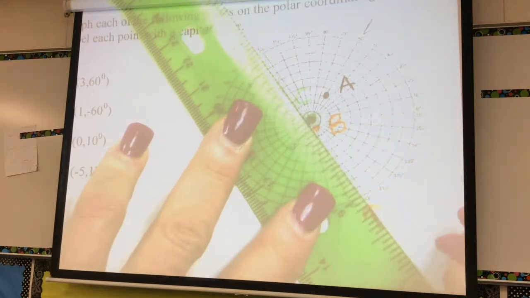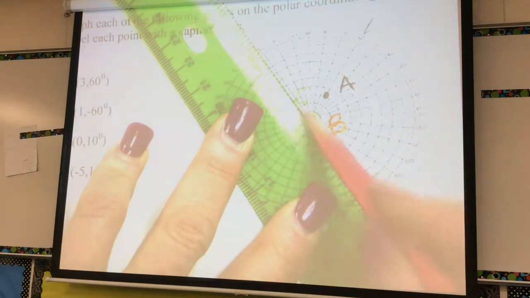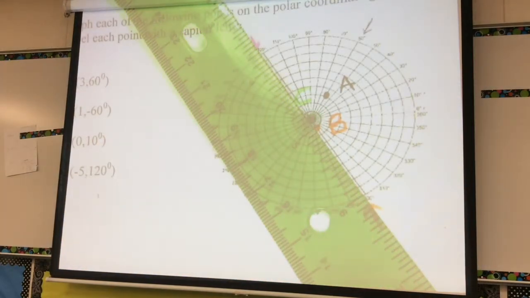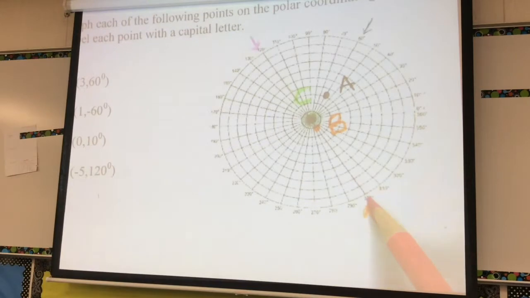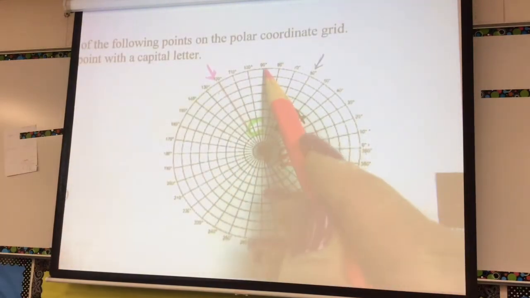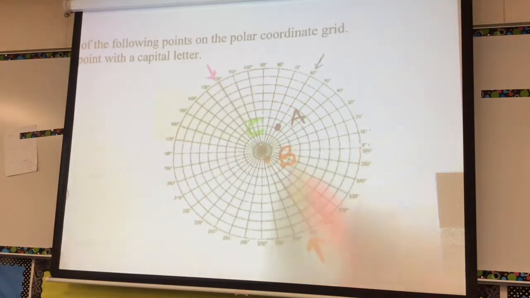Now I'm looking at this. I'm kind of putting my fake line there so I know which one to walk along. And it's kind of interesting, Jay. What's the number I'm on down here? 300 again. So let's see if that makes sense to me. It's straight up 90. I veered off 30 to the left. So it makes sense.